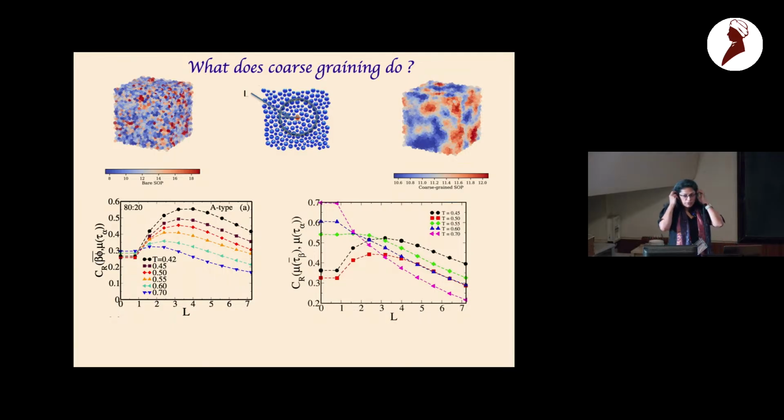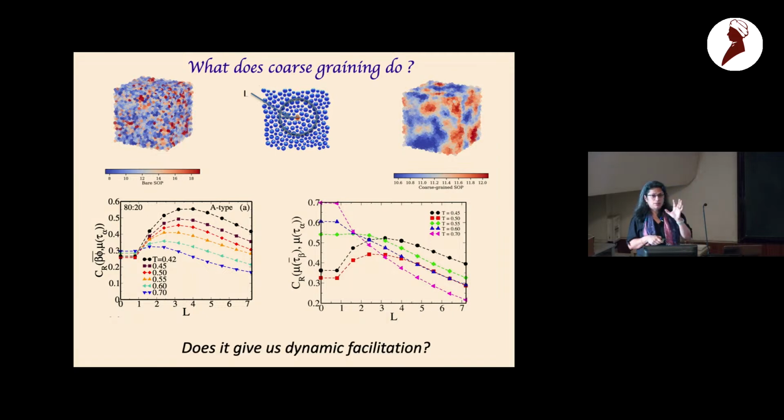So this is probably what Paddy was trying to say, and I also think there is a part of dynamic facilitation here. A single particle's mobility at tau alpha will not describe its mobility at a longer time, but you need to understand the mobility of your surroundings, and as a whole you probably will move longer.